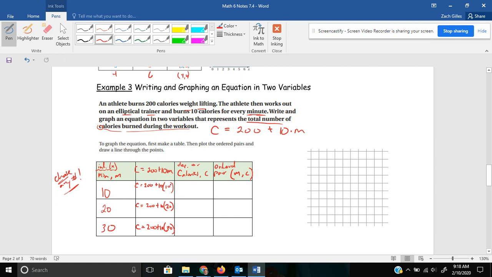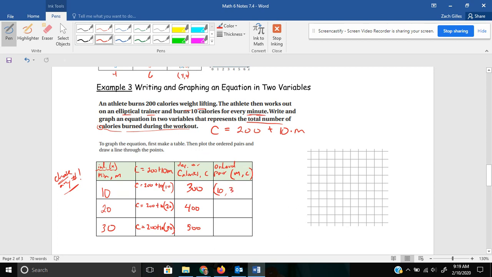For my elliptical, it'll be 10 minutes times 10 calories per minute would be 100 plus 200 gives me 300. 20 times 10 would be 200 plus 200 would be 400. 10 times 30 would be 300 plus 200 would be 500. All right, so now my ordered pair would be M, which was 10. And what did I find for calories burned when I was on the elliptical for 10 minutes?